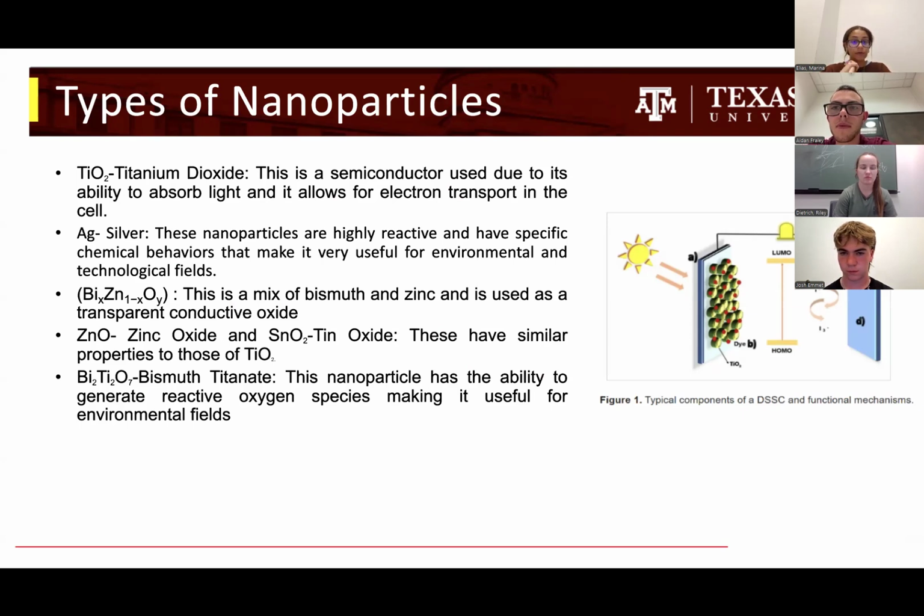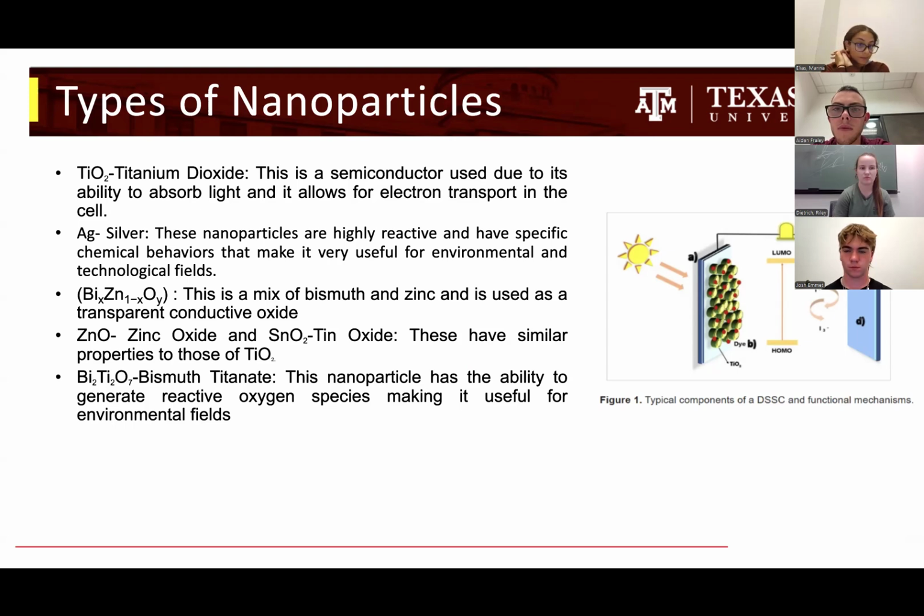These nanoparticles are highly reactive and have specific chemical behaviors that make them very useful for environmental and technological fields. Then we have Bi_xZn_(1-x)O_y. This is a mix of bismuth and zinc and is used as a transparent conductive oxide. Then we have zinc oxide and tin oxide, which have very similar properties to those of titanium dioxide.